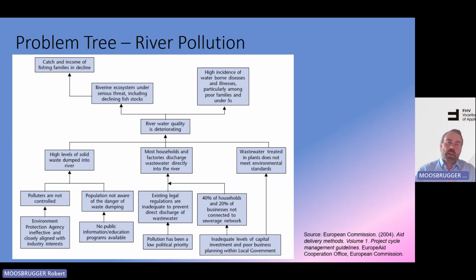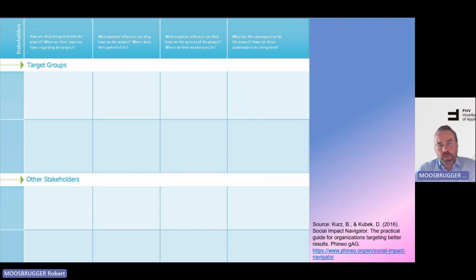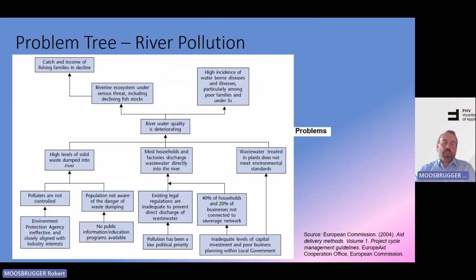As a next step, you need to have a very good understanding of what the problem is that you are addressing. One excellent tool to do this is the problem tree. Here we've got an example from an international development context. It's a problem in a community that has a river, where the water quality in the river is deteriorating. First of all, you need to clearly define the problem that you want to address in this community.